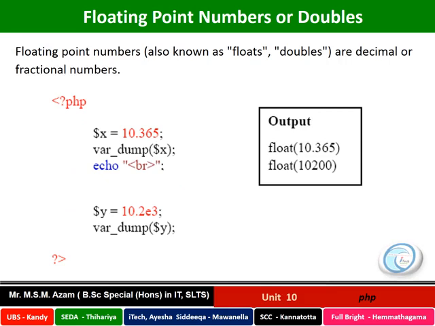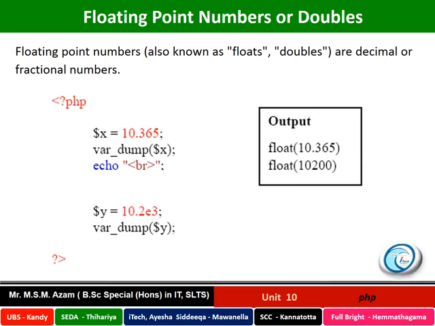Third one, floating point numbers or doubles. Floating point numbers, also known as floats or doubles, are decimal or fractional numbers. That means to declare fractional numbers in PHP, we use the float data type. See the example.